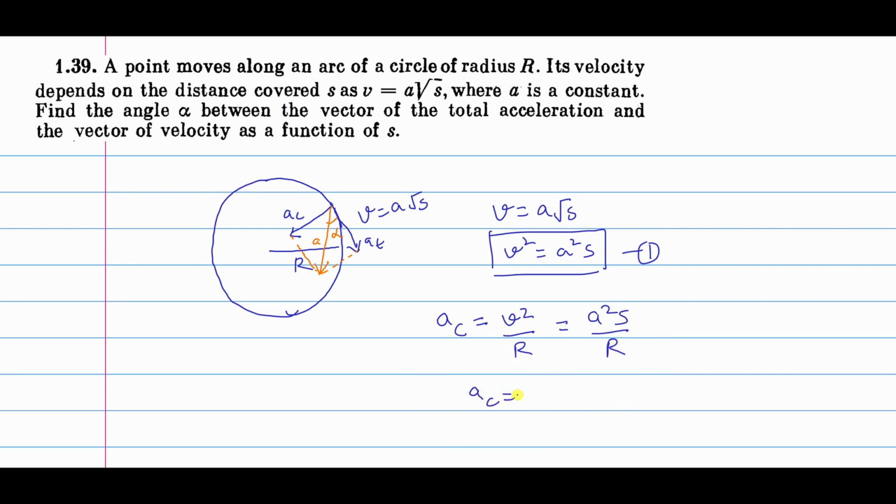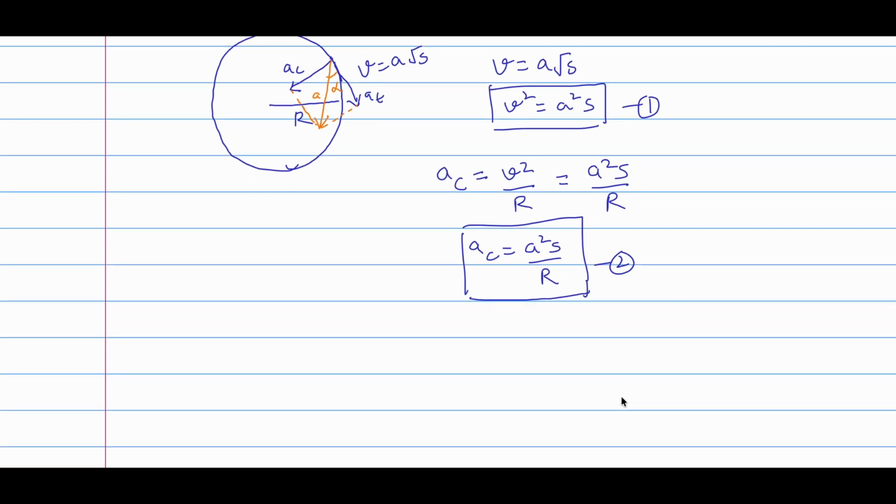Then a centripetal will be equal to a square s by r. This is equation number 2. Okay, now let's find the tangential acceleration.